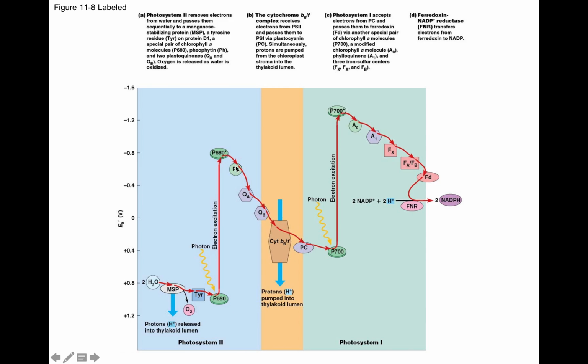Okay, so you pass off to these different electron carriers. Some are embedded in the membrane, some are soluble, like plastocyanin. And as these carriers lose energy, that energy loss is used to move protons into the lumen of the thylakoid.